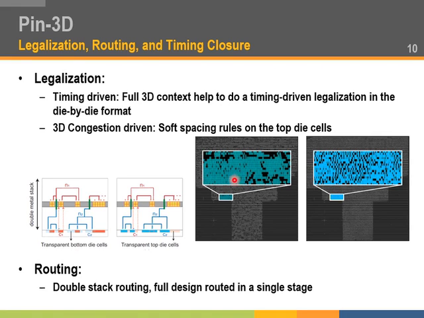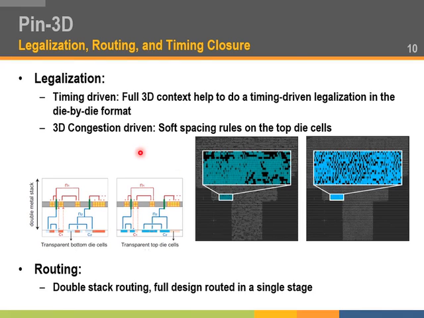So an MIV that needs to connect to a cell in this huge cluster needs to pass through a white space that is much further away. So we use this congestion driven legalization so that there is lots of spacing between the cells and MIVs can easily access the cells over the circuit.